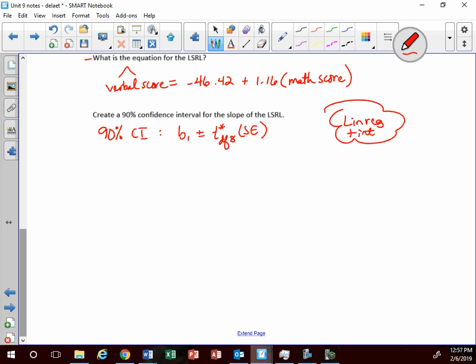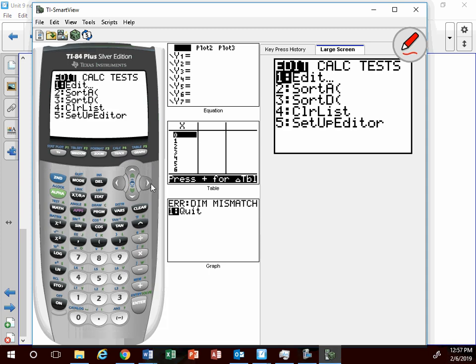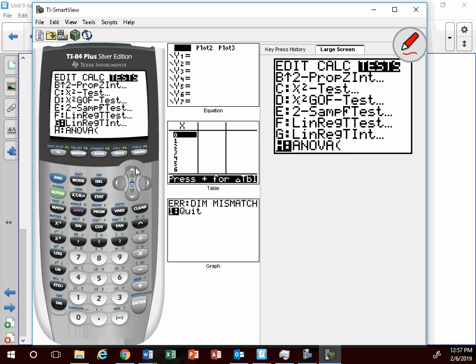Let me pull the calculator really quick. All right, guys, if you go to Stat and then Test, do you see these? They're way at the bottom of your list. There's LinRegTTest and LinRegTInt. Does it make sense since we're doing linear regression? Those are the ones we're looking at.